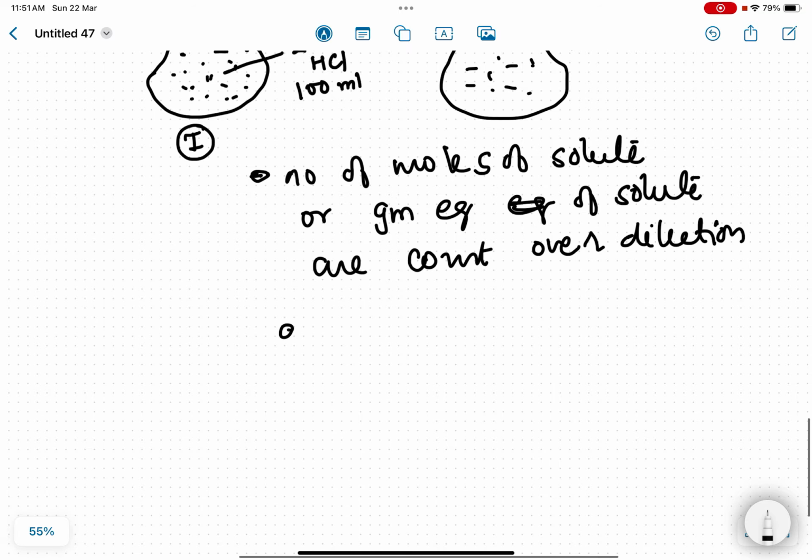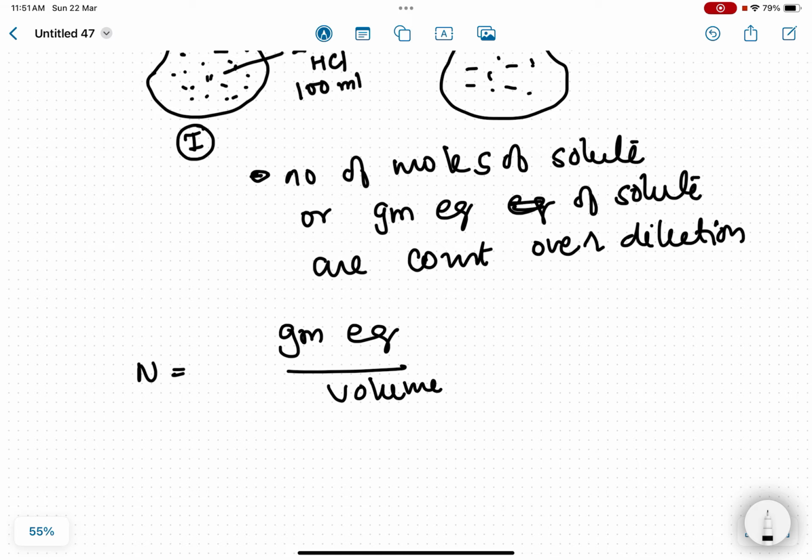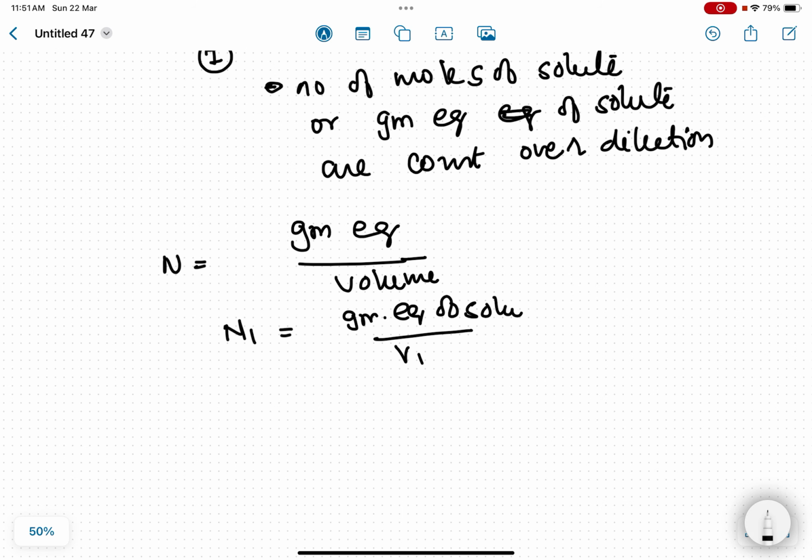Normality is gram equivalents upon volume. So in the initial state, suppose N1 was the concentration and V1 was the volume. The gram equivalents of solute would be N1 into V1.